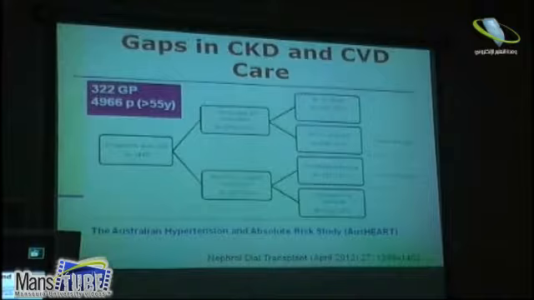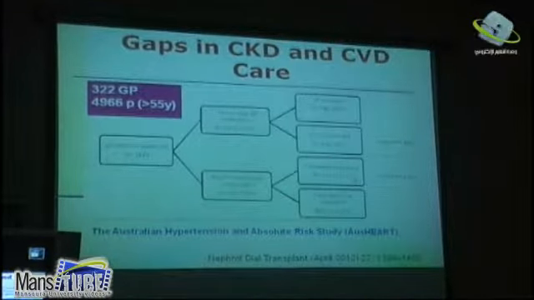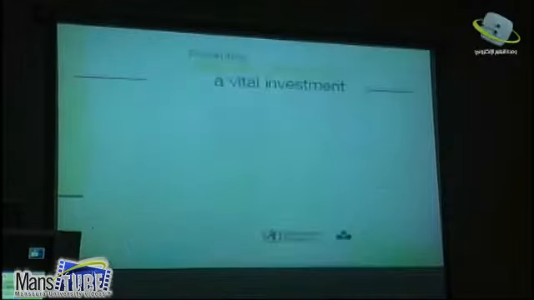But here, if you look at the persons who developed chronic kidney disease in this series, they classified them into patients for whom antihypertensive medications were prescribed and patients without prescription. Among the patients with prescription, 46% were not achieving the target, and this is a treatment gap. And for the patients who didn't receive medications, 12% of them needed treatment and were not treated, so this is the prescription gap.